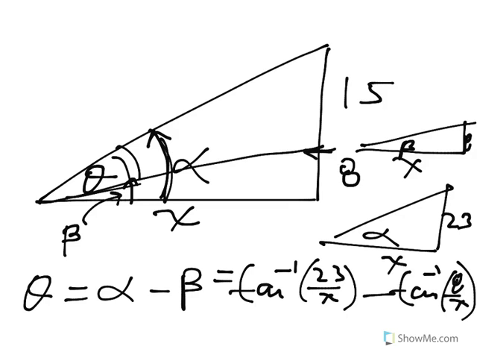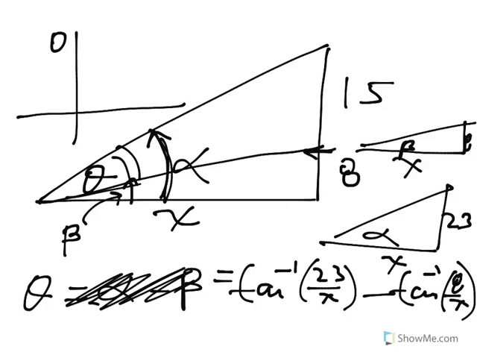So now I have an expression that relates theta and x. And on my graphing calculator I type in y equals tan inverse of 23 over x minus tan inverse of 8 over x. I go into degree mode for that. You would get a really unusual looking picture, something like that.